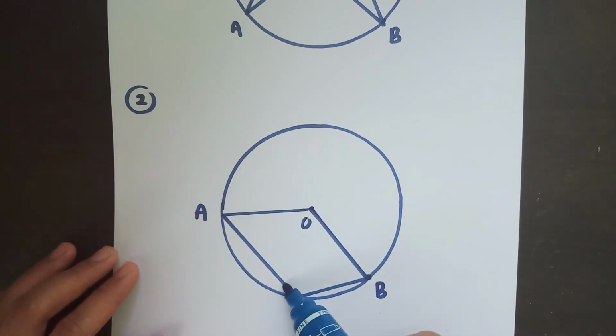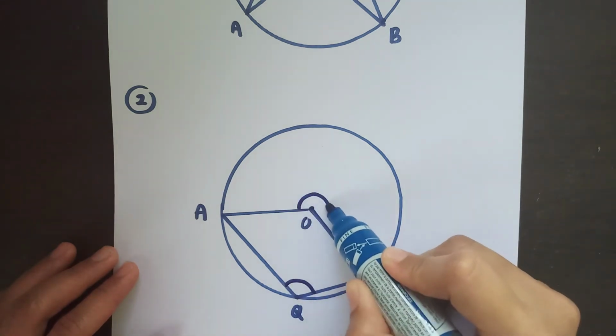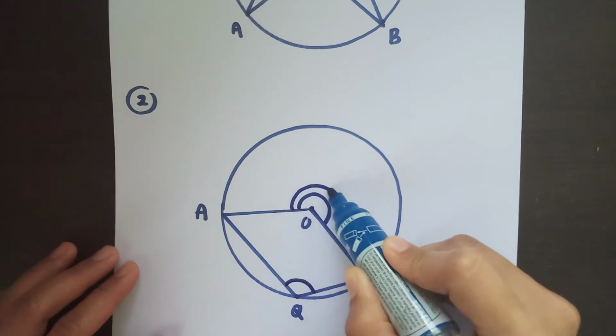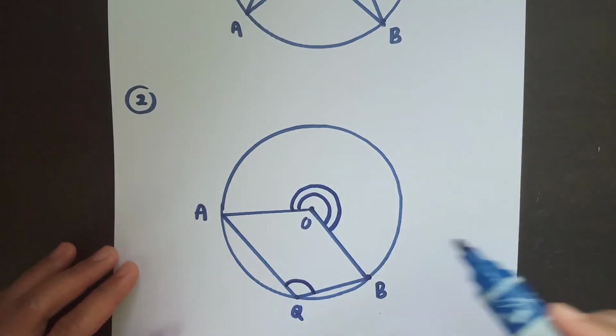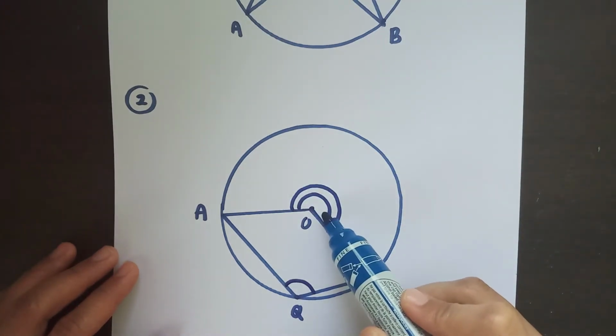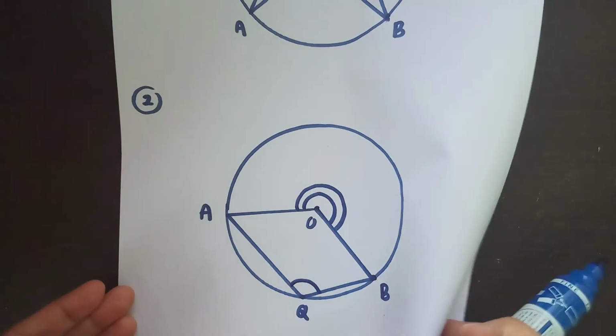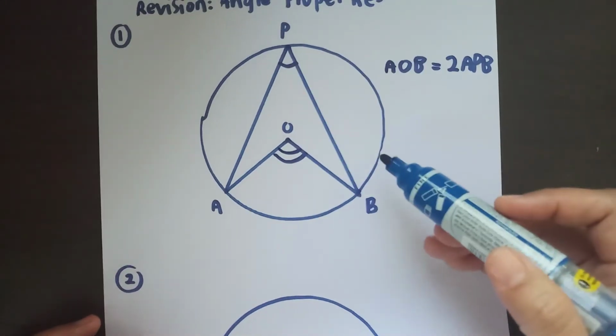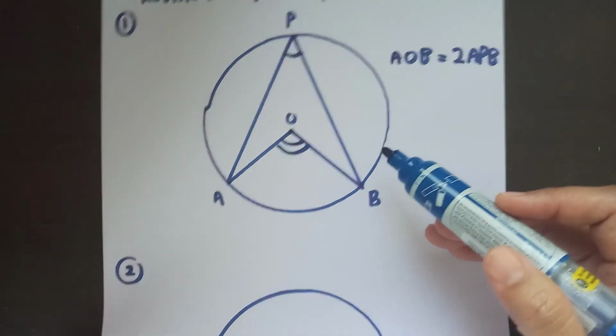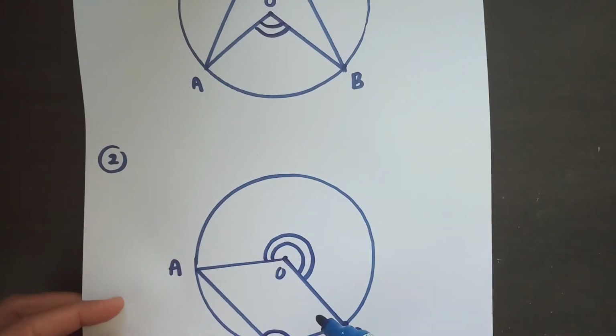So here, one, that one, twice. The angle at the center is twice the angle at the circumference. So it can be in that shape or in that shape.